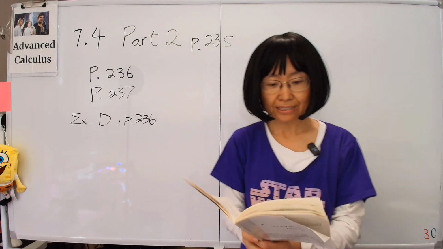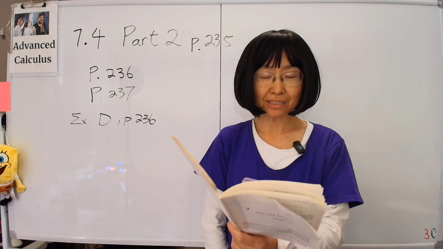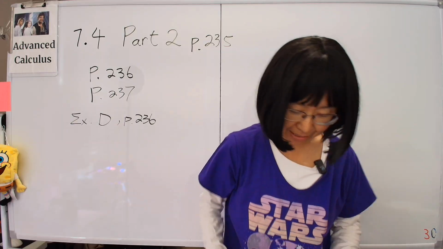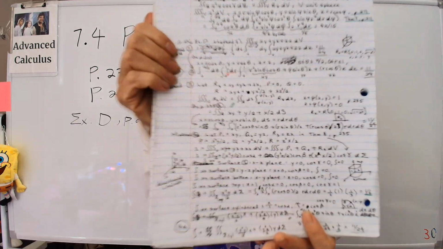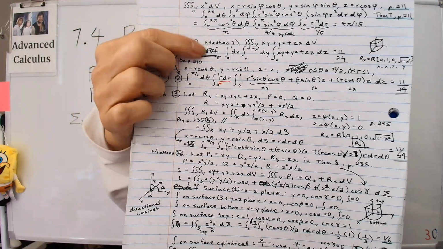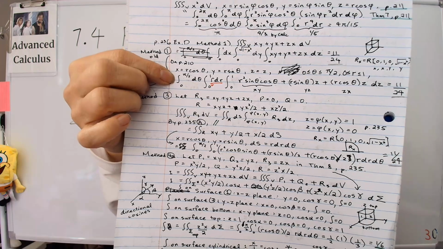So let's look at example D. It says evaluate this general integral by 2 methods, which is what I did, and I already showed it to you. They're very straightforward. The first method is the old-fashioned way. In the second method, I just put in cylindrical coordinates, still pretty straightforward and old-fashioned.